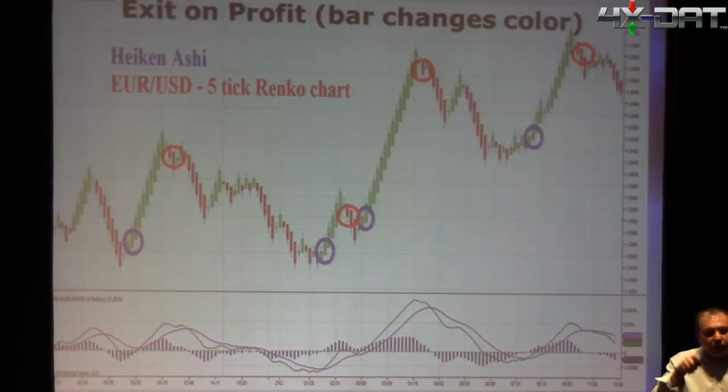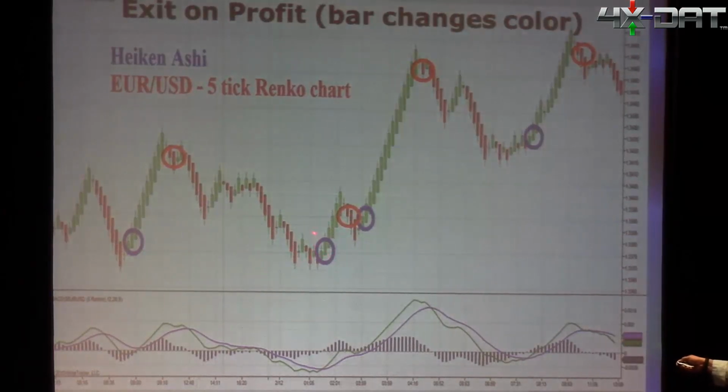Now with that trade protected, I could easily come in here and add on to my position here. If this trade was protected, then I would add on to my position with this trade over here. And then all three trades would be working for me.